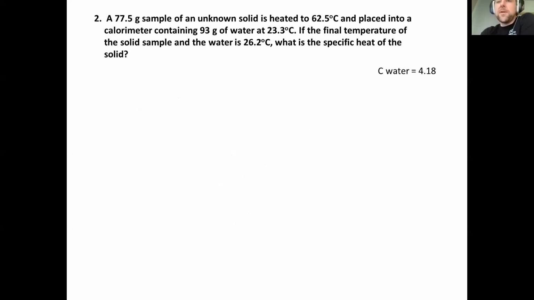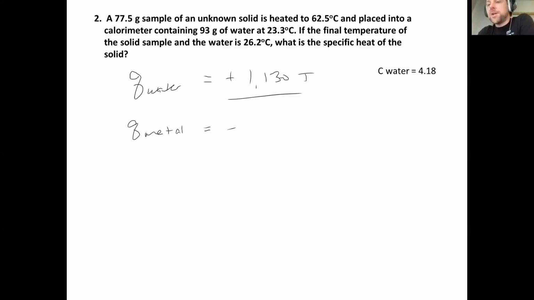So the Q value for the water is a positive 1,130 joules from our calculation we just did. And then that equals the Q value for the metal, how much energy the metal must have lost. We're just going to change the sign. And you're going to do this in your lab report as well. Pretty much the exact same process.